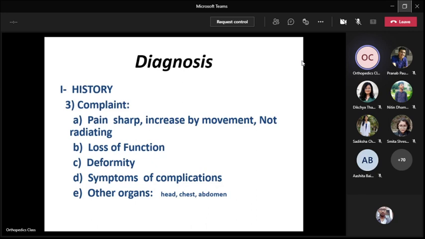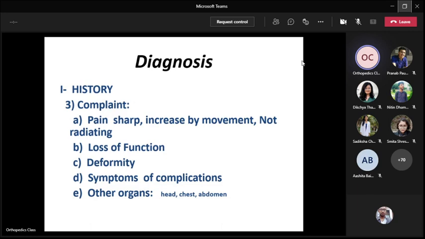Regarding complaints, the patient comes with pain that is sharp and increased by movement. When the injured limb is moved, the patient will have increased pain, which won't be radiating. Radiating pain is particularly of neurological involvement. Next is loss of function, that means the injured part can't function.